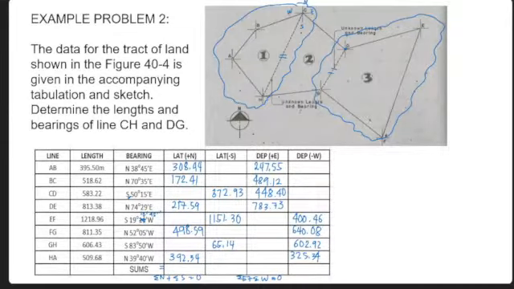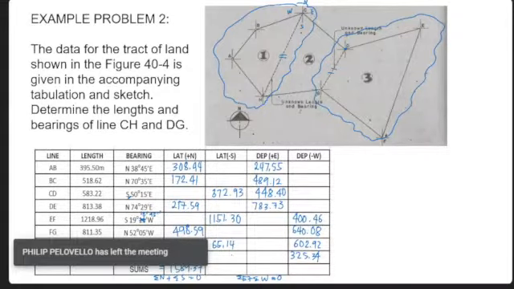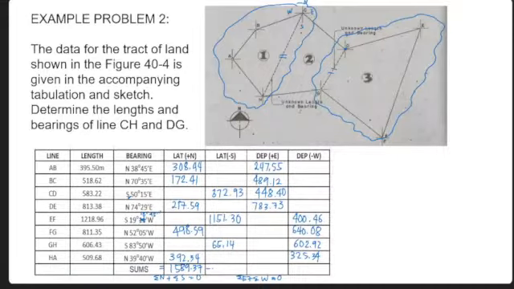North latitude 1589.37. So south latitude should be negative 1589.37, right? Okay.